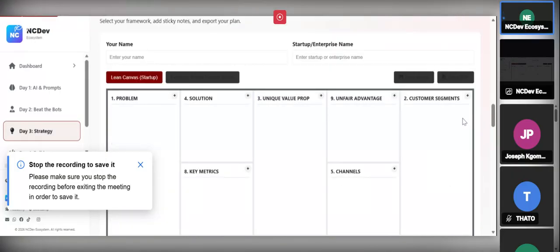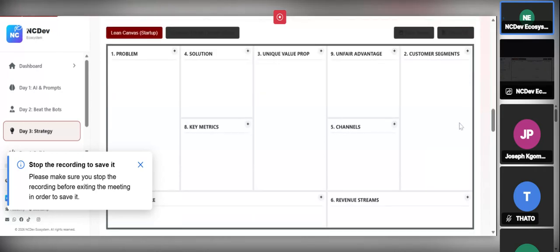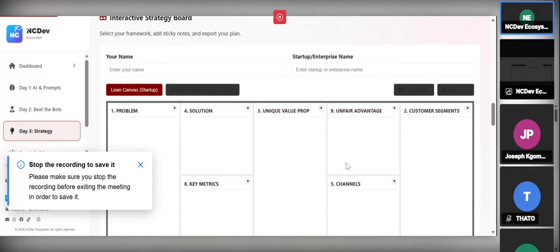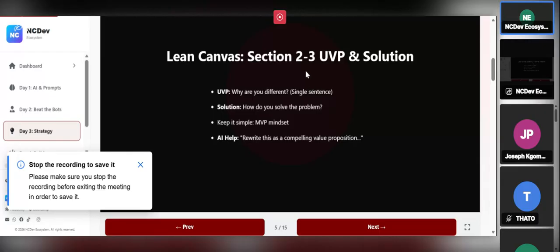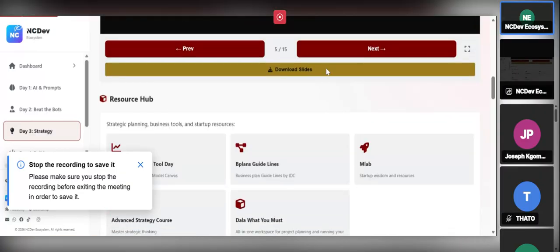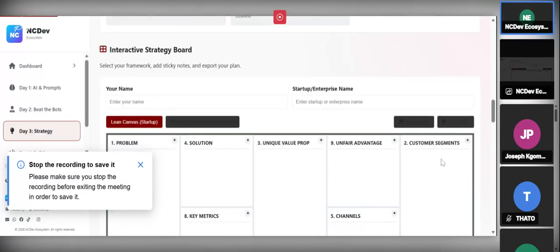Then, from number two, three, and four... yeah, one, two, and three. So one focuses on the problem, two and three focus on your customers and your unique value proposition, and then only we get to our solution, right?